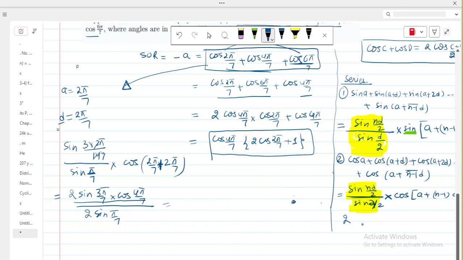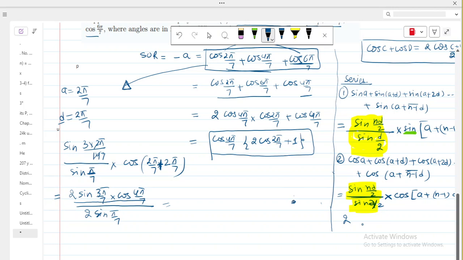So if you apply 2 cos a cos b, that is cos(a plus b) plus cos(a minus b). So it becomes cos 6 pi by 7, 4 plus 2, plus cos 2 pi by 7, and then cos 10 pi by 7, not 5 pi by 7.